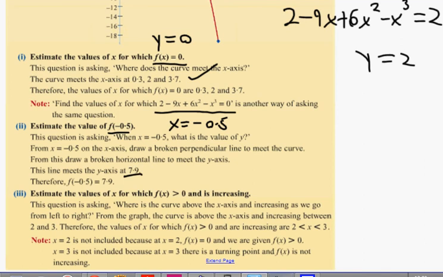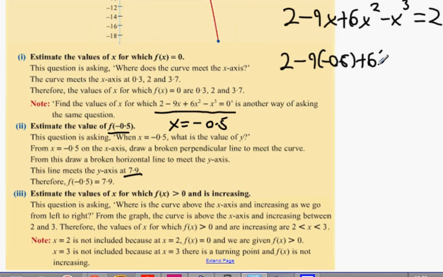So we can see that at 7.9. You can also check your answer. How would you check your answer algebraically? You can replace all x's with minus 0.5. Minus 0.5 cubed, and you should get an answer close to 7.9.